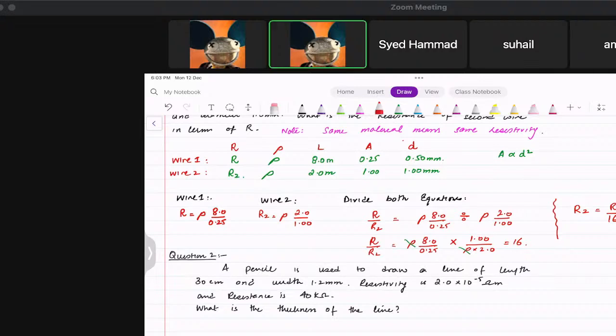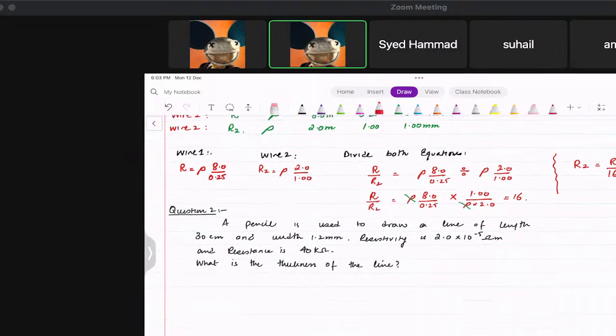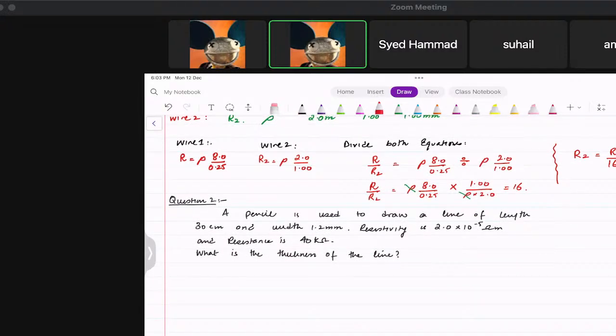Okay, now for this question, remember they're looking at a pencil line, which means if it's talking about length, width, and thickness, it must be a cross section of something like this, right? So this is basically the cross section.